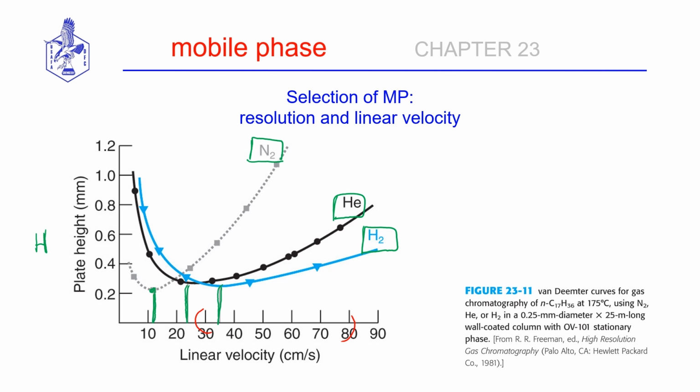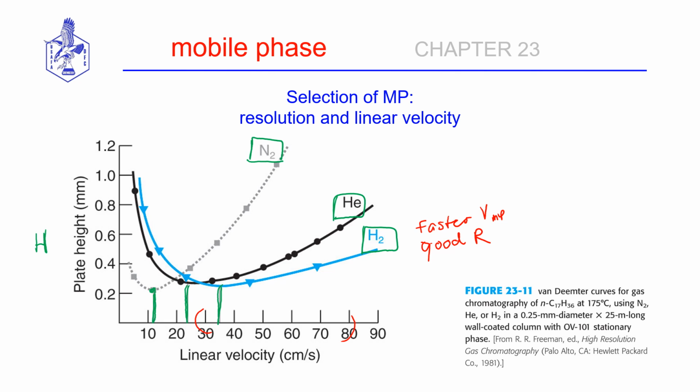So we get essentially similar resolution and faster velocity of the mobile phase without penalty to the resolution. So we get good resolution and a much broader range of flow rates for hydrogen versus helium versus nitrogen.